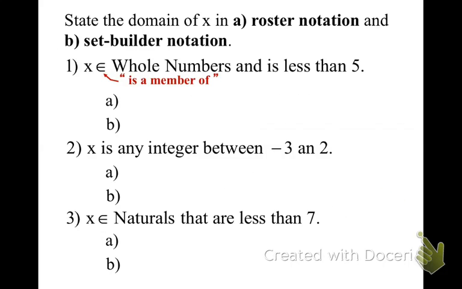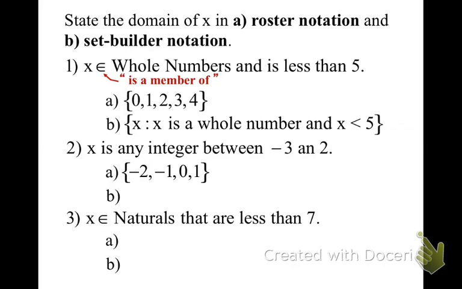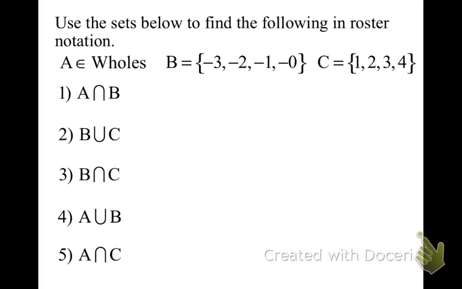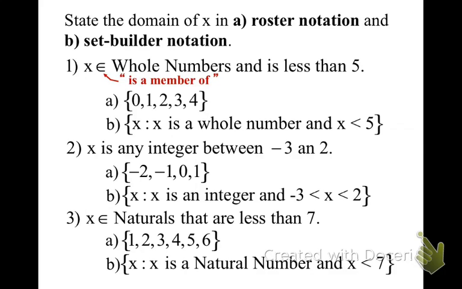Let's take a look over here one more time. Remember, we're really just copying the rule every single time. You see, when we write set builder and we add x is such that, fancy talk, set builder. It's a whole number, and I turn this into the inequality.